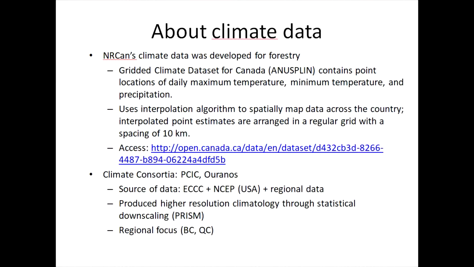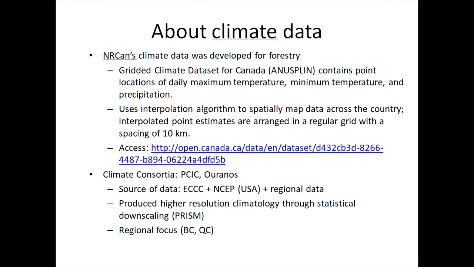So next slide. I just wanted to present that we are aware that there are other sources in Canada. NRCan, for example, is advertising climate data, but it was based on ECCC archives, which they reprocessed using interpolation algorithms to provide a regular grid of data. Similarly, the consortia PCIC and Ouranos provide climate services and can provide some climate data.